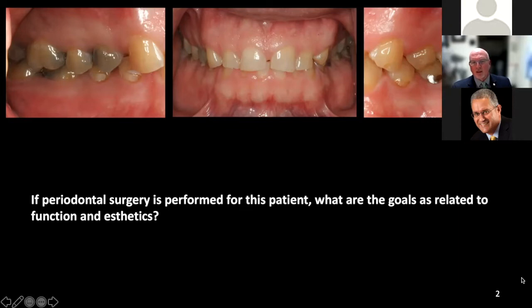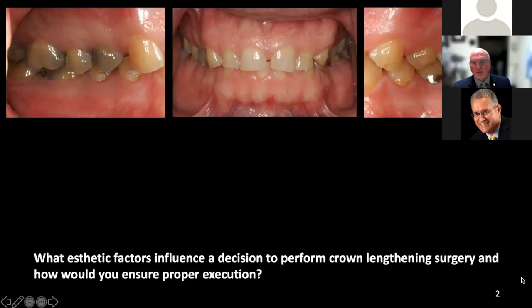With crown lengthening, it would probably help out with crown aesthetic contours. What factors influence a decision to perform crown lengthening surgery, and how would you ensure proper execution? Aesthetic factors.